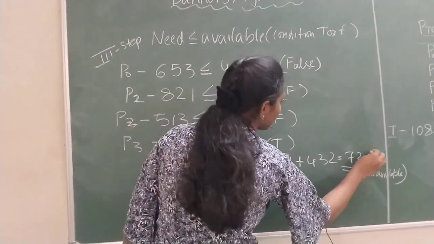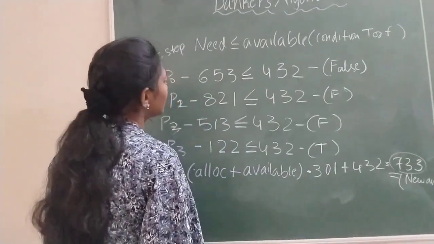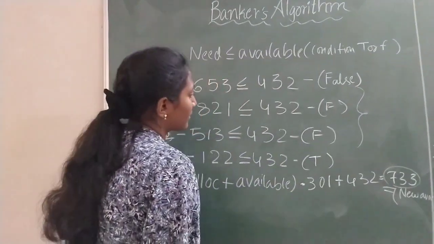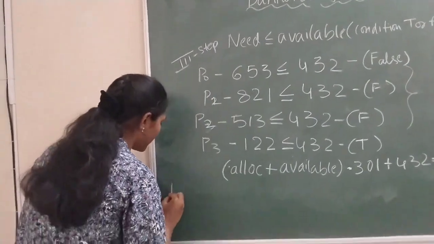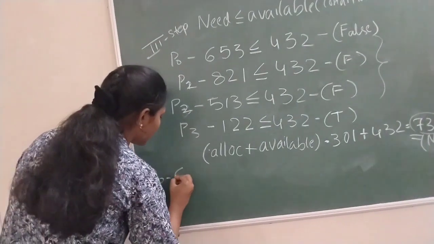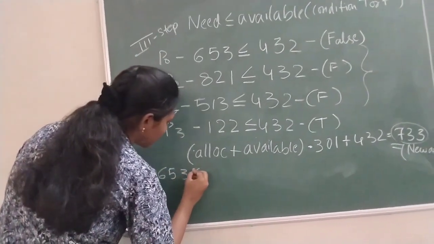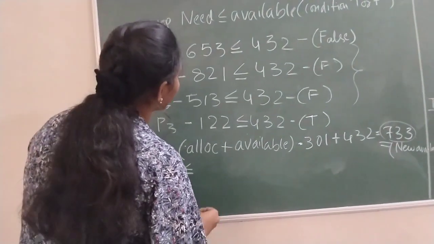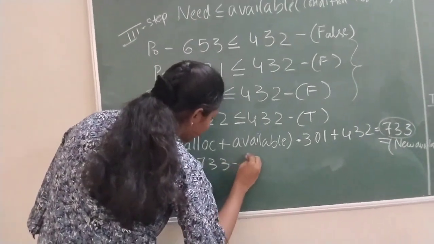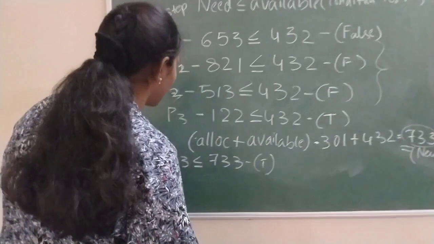Now let us check 733 with the other processes, where P0 is 653, which is lesser than 733. So this condition is true.